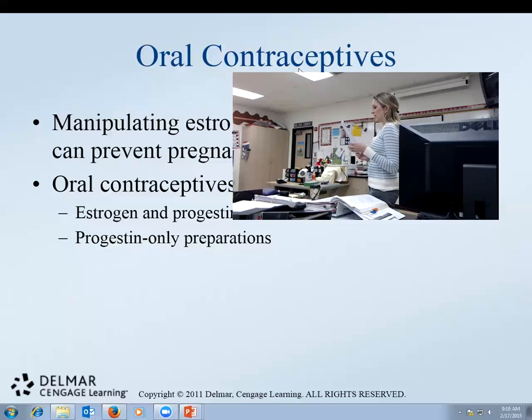Okay, examples of estrogens. This Premarin, I've seen that one pretty commonly, and Prempro, seen that one too. Those first two on there, and you'll see other ones too, but just know those two for sure. Okay, progestins.